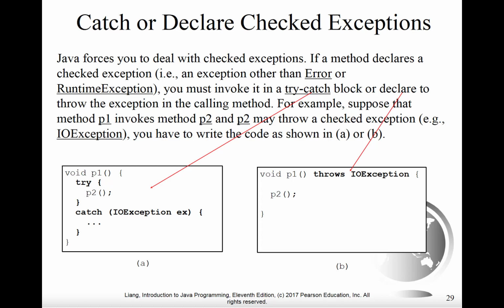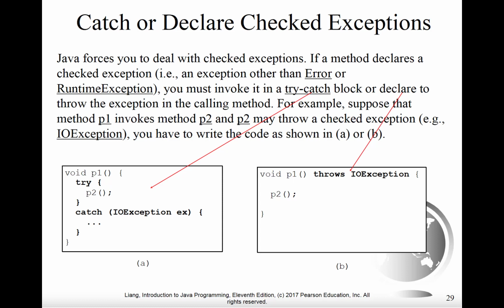Even though we've passed it up to our caller, that's good enough. And now we've dealt with it, so the compiler will be happy and it will allow that to compile. So either of these approaches, where we deal with it directly ourselves in A, or whether we pass it back to our caller to deal with it by declaring that our method throws an IO exception, both those approaches are perfectly fine and will work just fine.